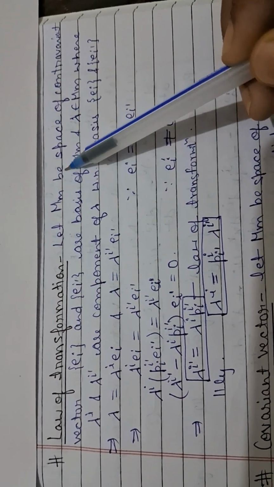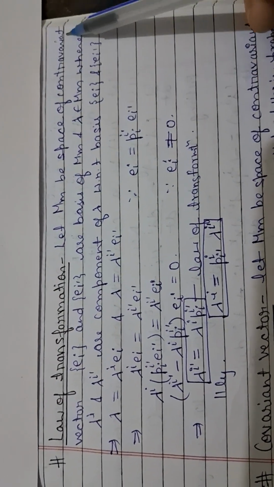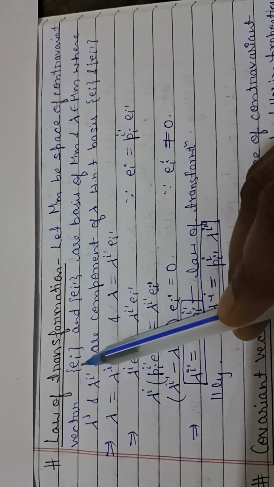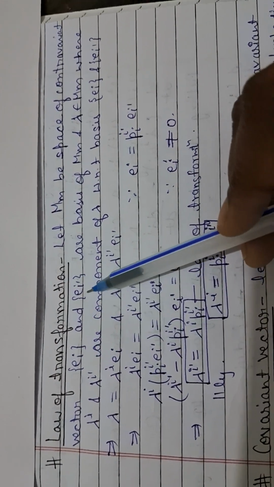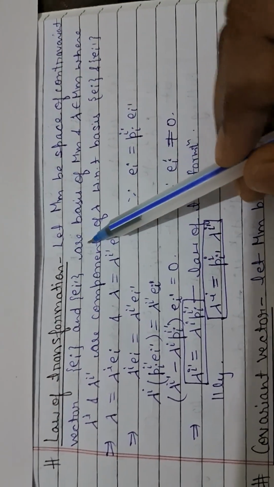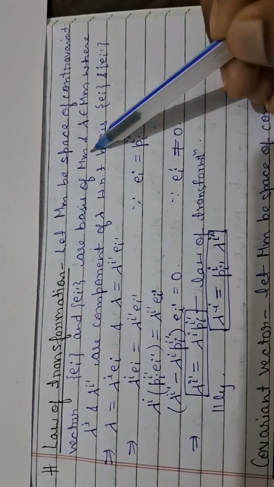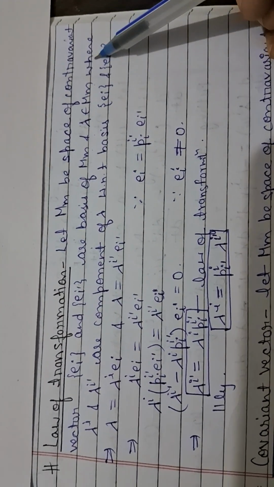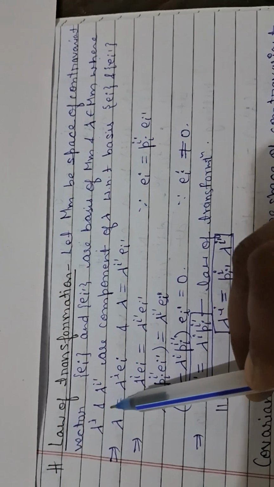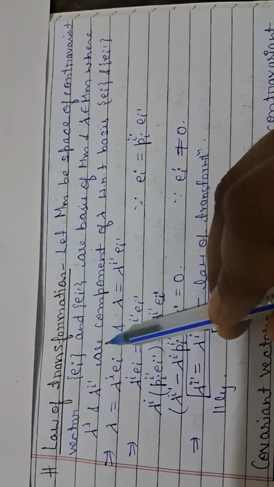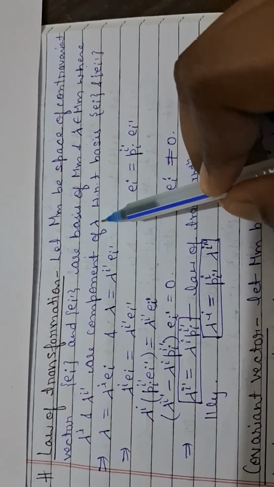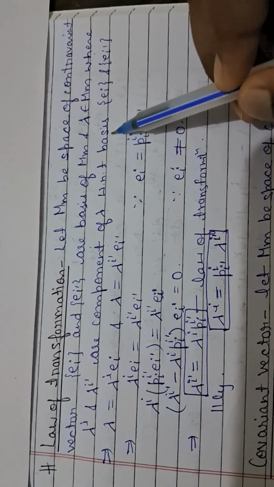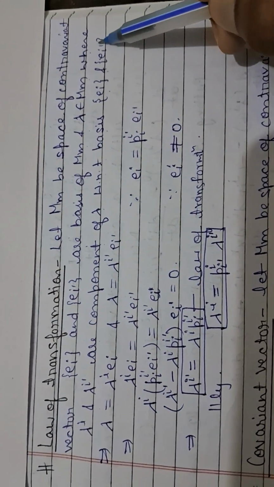Let M be the space of contravariant vectors with bases e_i and e_i' are bases of M, and lambda belongs to M, where lambda^i and lambda^i' are components of lambda with respect to bases e_i and e_i'.